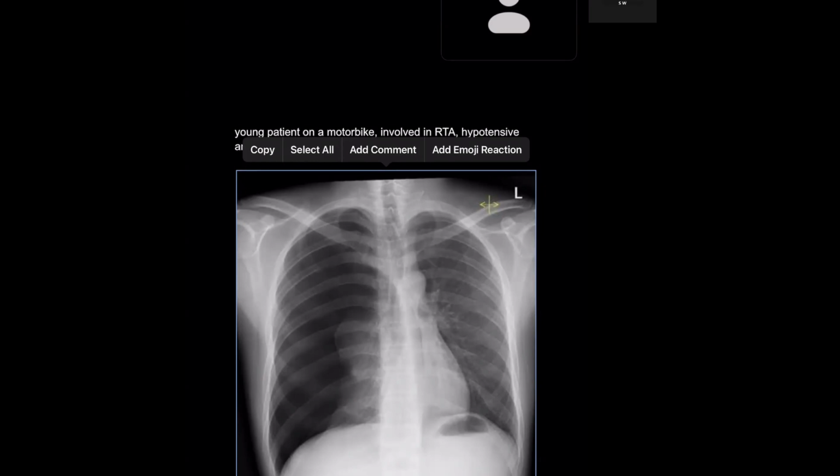Yeah, there are 5 grades to it. One contains superficial laceration, with a blood loss of less than 10% surface area.